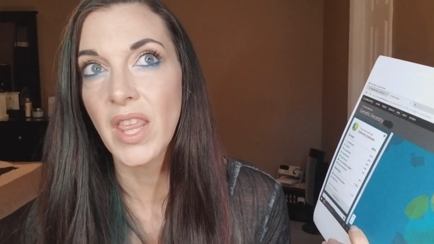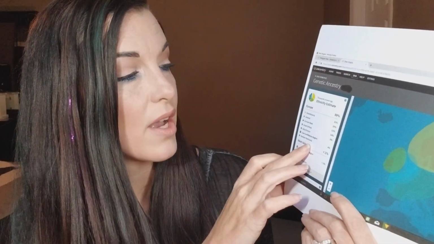That means you have a very small percentage. They're still building that. They assume that those things are a part of me, but they can't say with great confidence that it is. So I have 4% Iberian Peninsula, and my smallest is less than 1% West Asian, centering Middle East, which isn't uncommon.